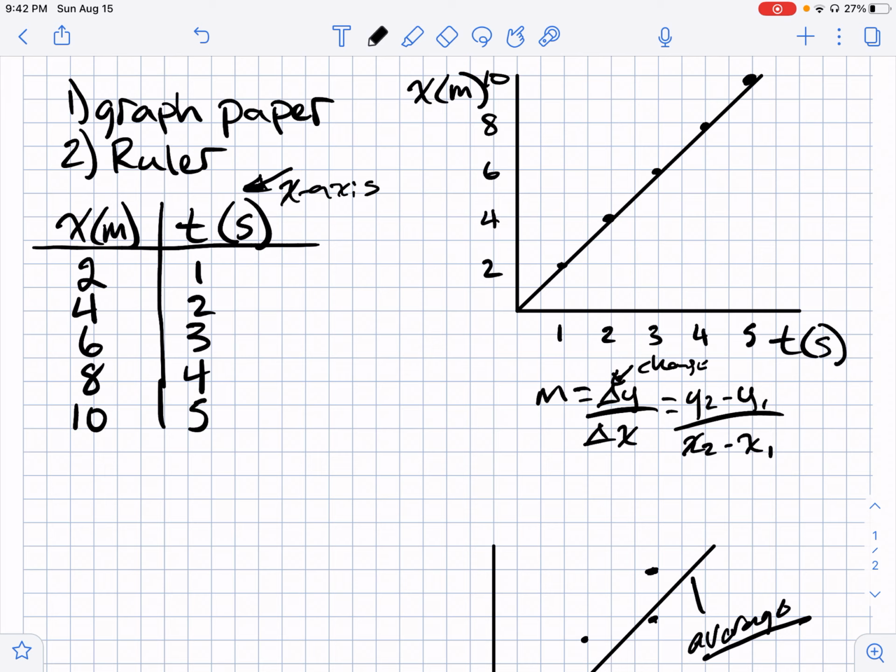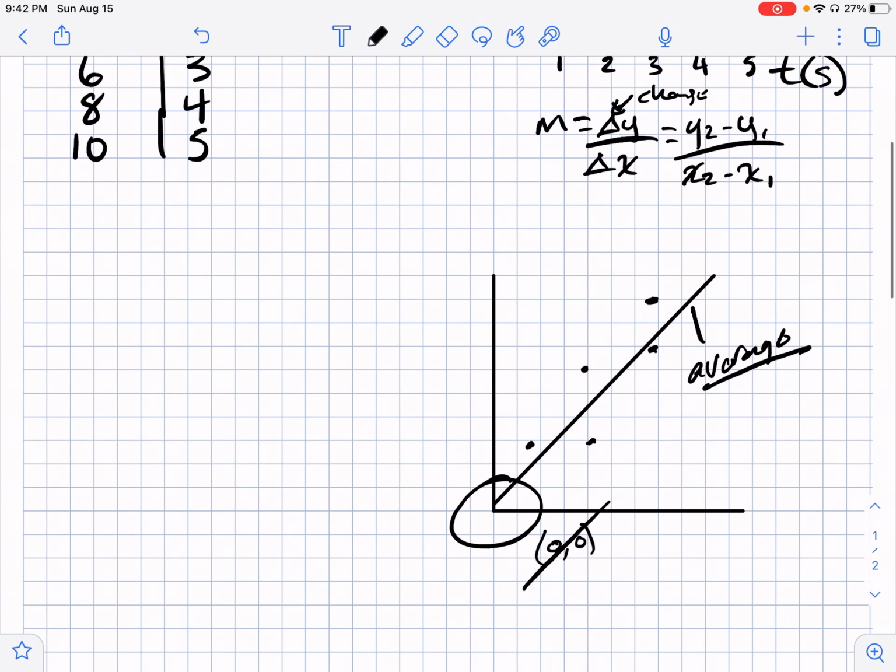So when you find the slope of a line, you never use these data points. The reason why is, let's say on this graph, I had a data table and I just picked 2 random points, let's say here and here.